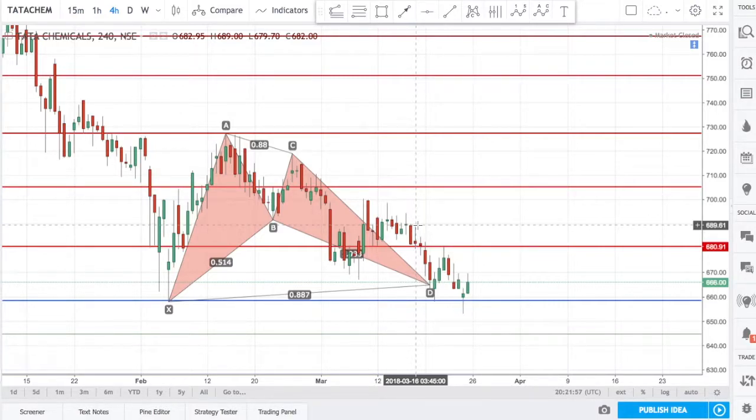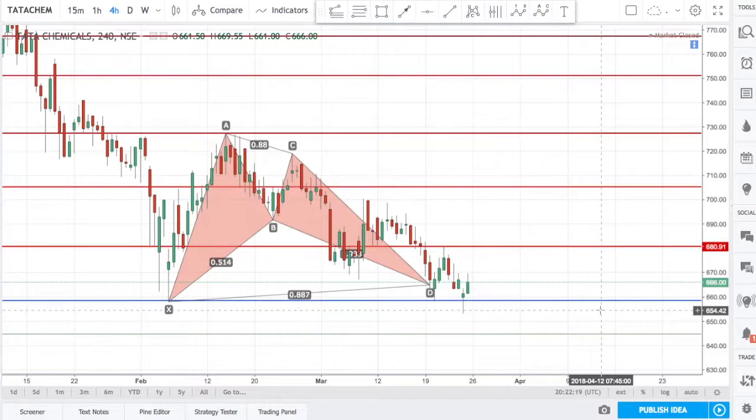Next, let's see if we have any references to support our assumption. The most common references are simple ABCD patterns, Fibonacci confluences, RSI divergences, candlestick behavior at termination points, etc. Always remember, if we have two or more references supporting our assumption, the trade can be considered good enough to execute.